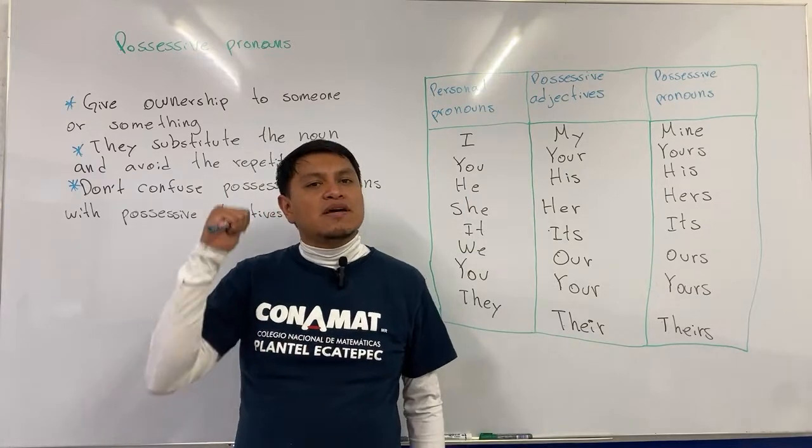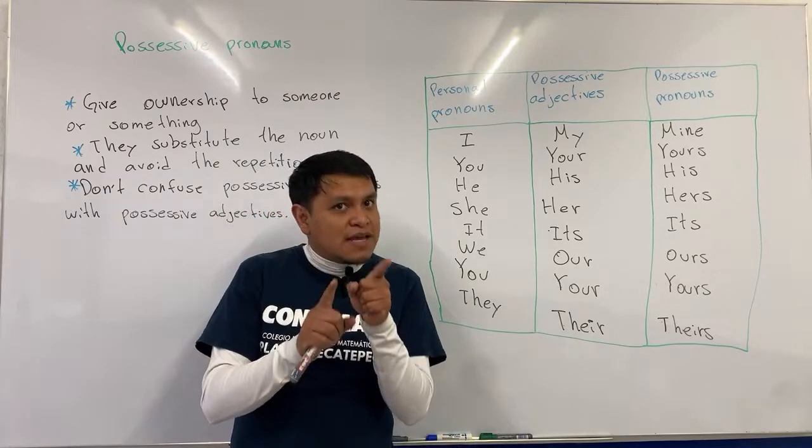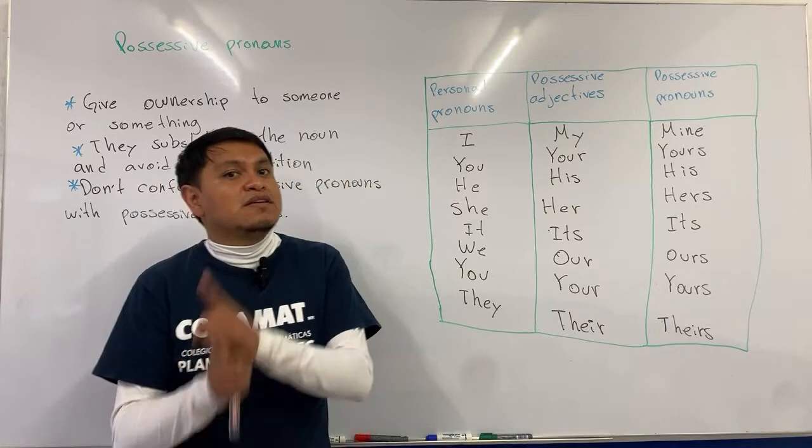Now, we're gonna write down some examples. The blue words are the adjectives that describe the nouns, which are in red. Check this.